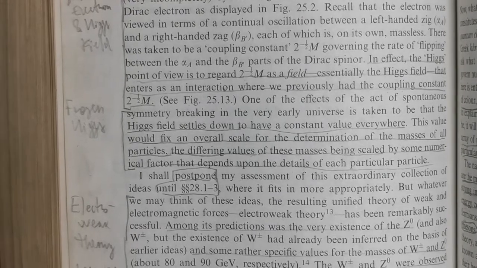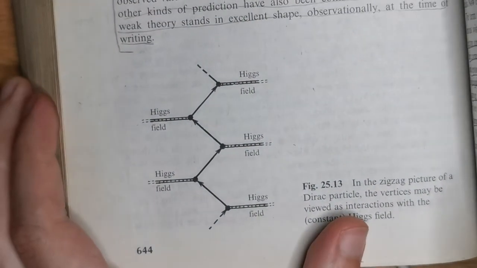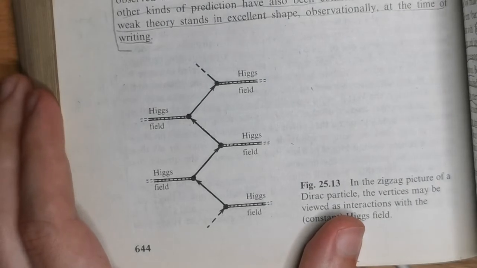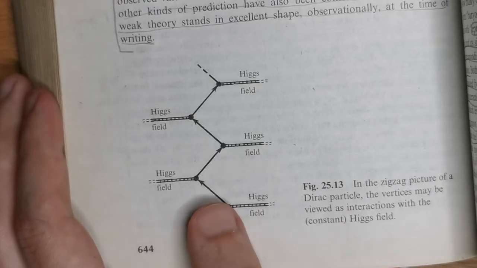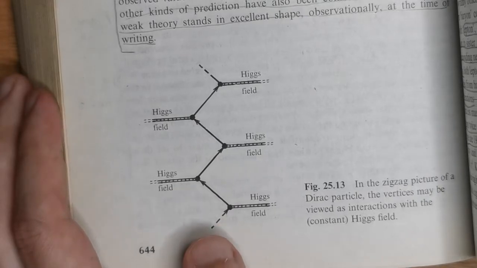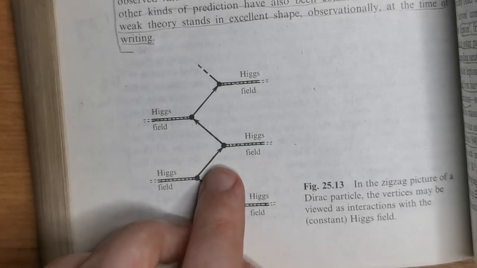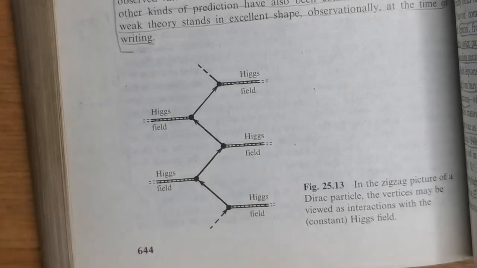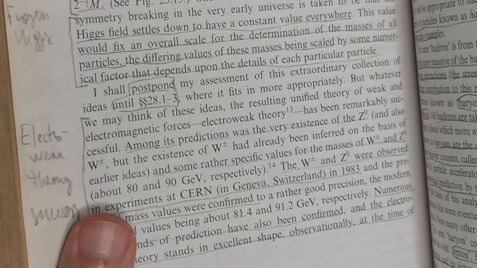So you can see the next picture here, 25.13, which tells that in our zigzag picture of the universe, we can think about the Higgs field interacting with the particle at the time when it changes its direction, so it changes zig to zag and zag to zig. Those moments are exactly the moments when the particle will have the mass, and therefore the Higgs field will interact with it, while the particle isn't moving with the speed of light, I think.